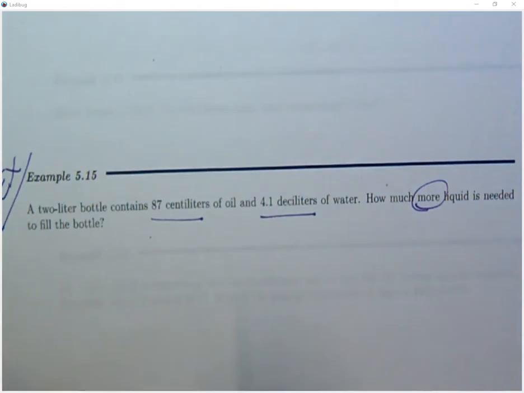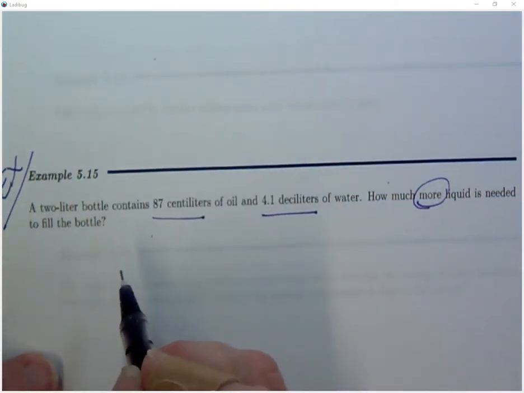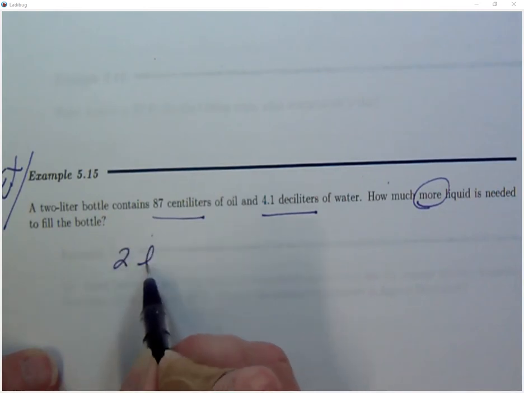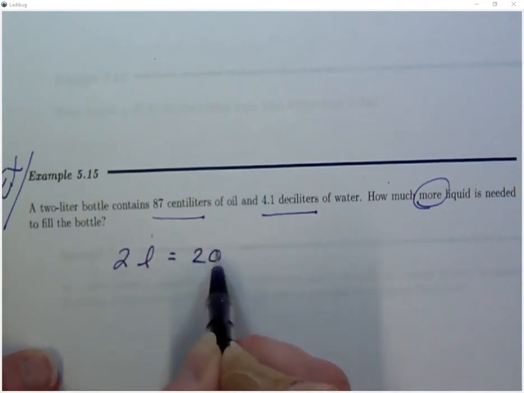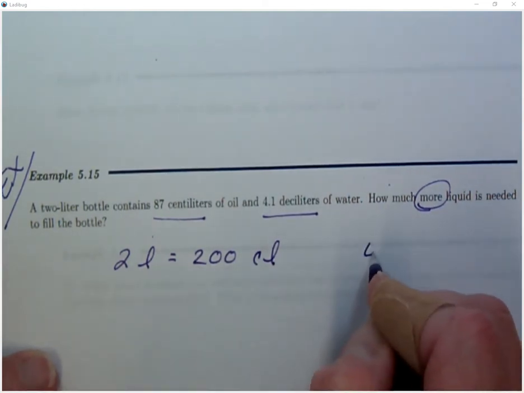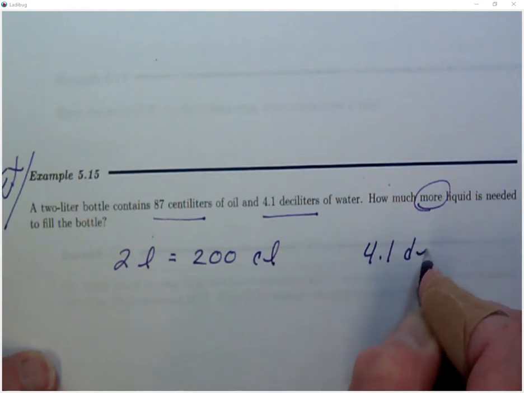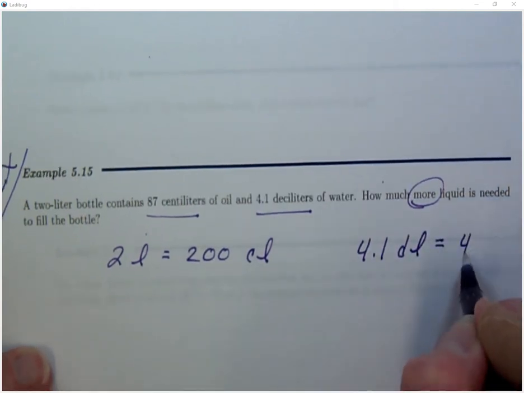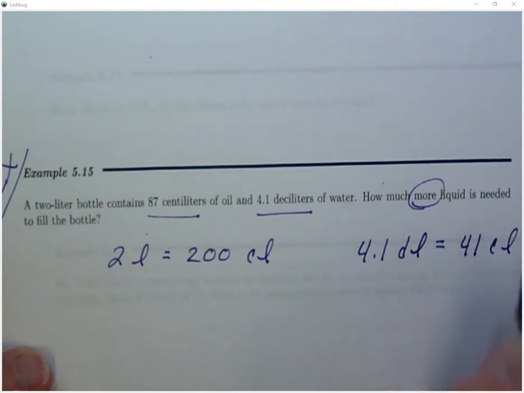I'm going to choose centiliters. You could do it differently. So I know 2 liters is going to equal 200 centiliters. I'm just moving my decimal 2 places to the right. 4.1 deciliters is going to equal just 1 place to the right, 41 centiliters.